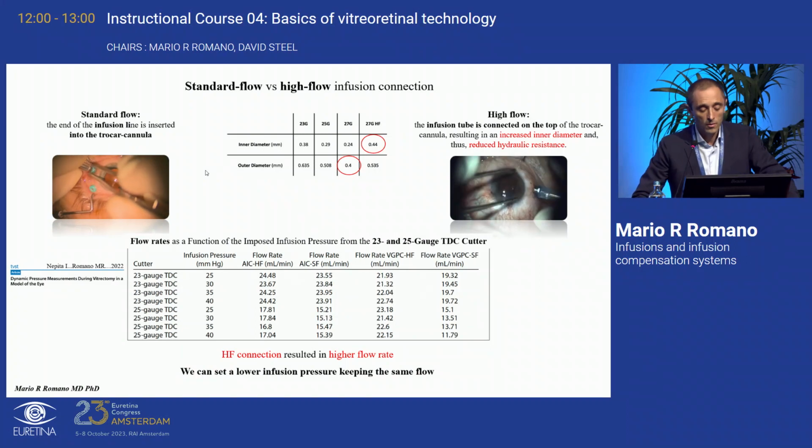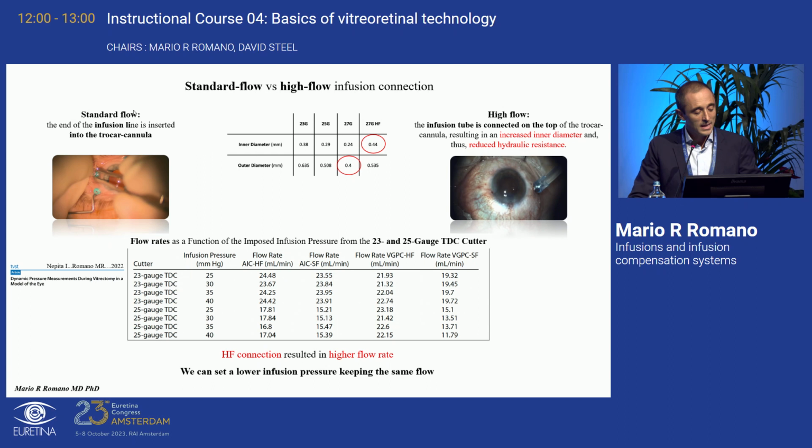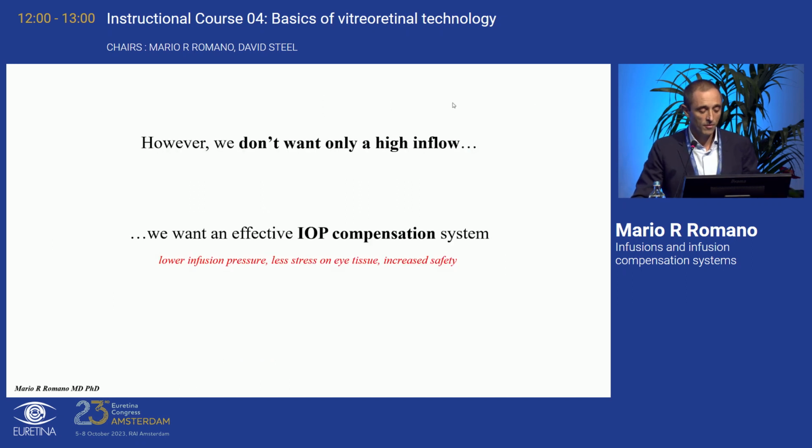So instead of the standard flow cannula infusion inside the trocar, we have this high flow cannula. The infusion tube is connected on the top, so we can increase the inner diameter, reducing, of course, the hydraulic resistance. So we have a higher flow, which means we can set a lower infusion pressure while keeping the same flow.